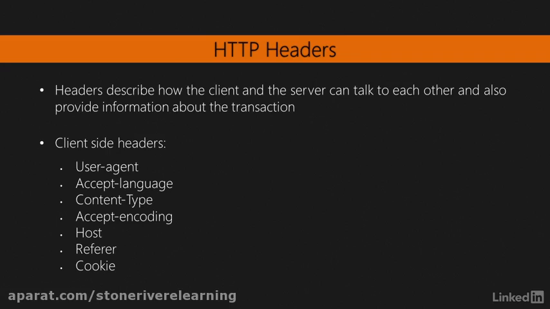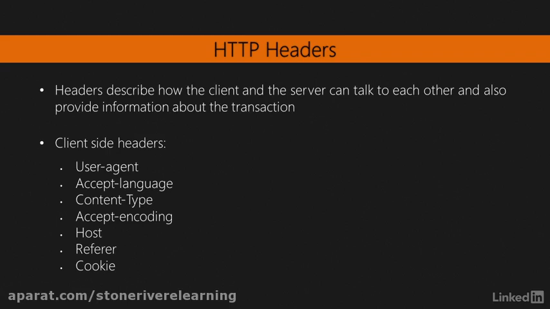Some examples are User-Agent. This informs the server what type of OS, browser, and plugins the user has. Accept-Encoding defines which encoding the browser supports, usually gzip or deflate. This will compress the content and reduce the bandwidth time for the transaction.